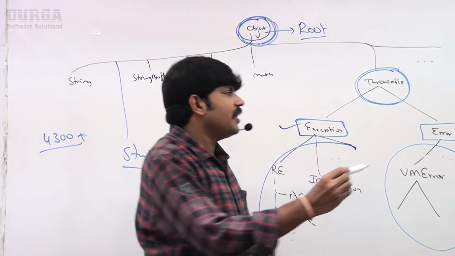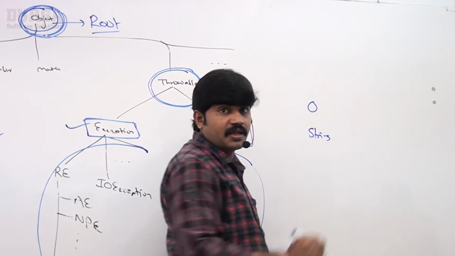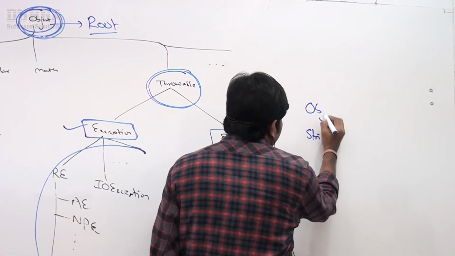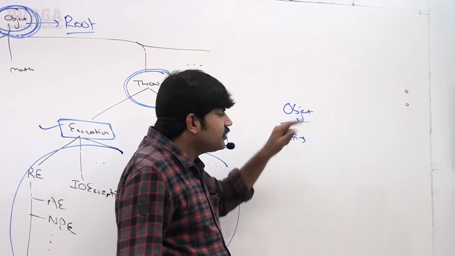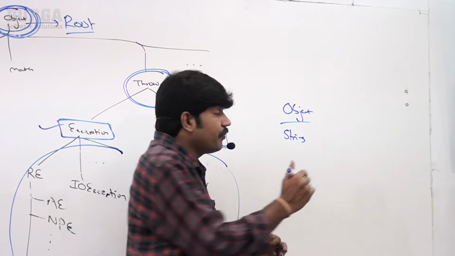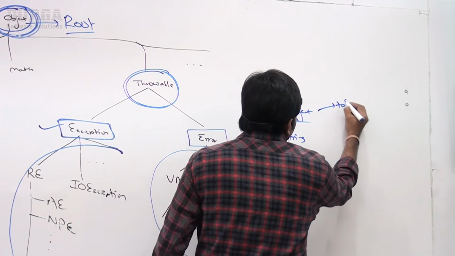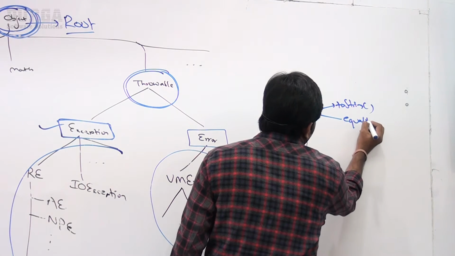Let me compare. I have the Object class, I have the String class. Listen carefully. The Object class contains several methods: toString method, hashCode method, equals method, like there are several methods.